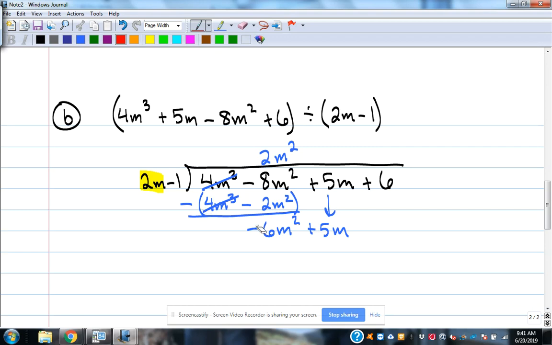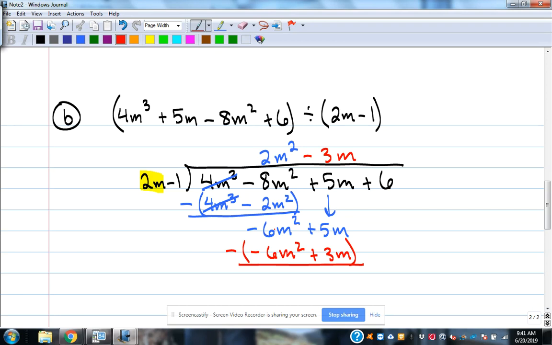Or 2m times what gets me negative 6m squared? Positive or negative 3? It should be a negative 3 because we want it to be a negative 6 when we multiply it out. So negative 3 times 2m is a negative 6m squared. And then negative 3m times a negative 1 would be a positive 3m. Parentheses, subtract.